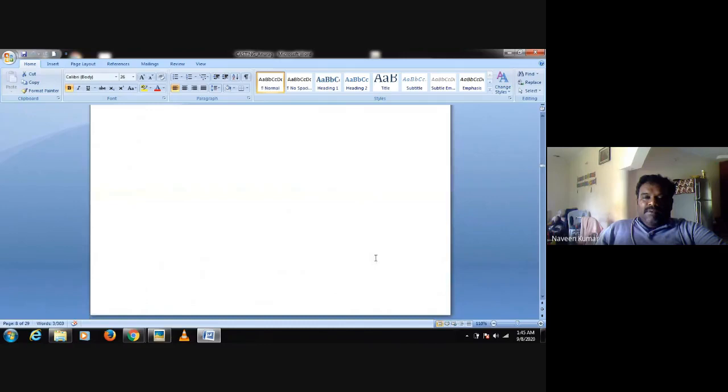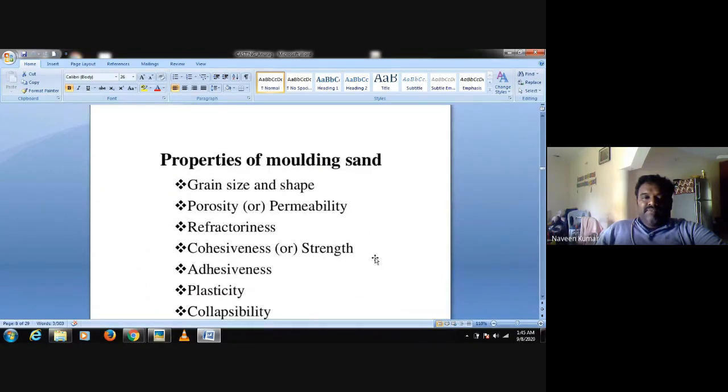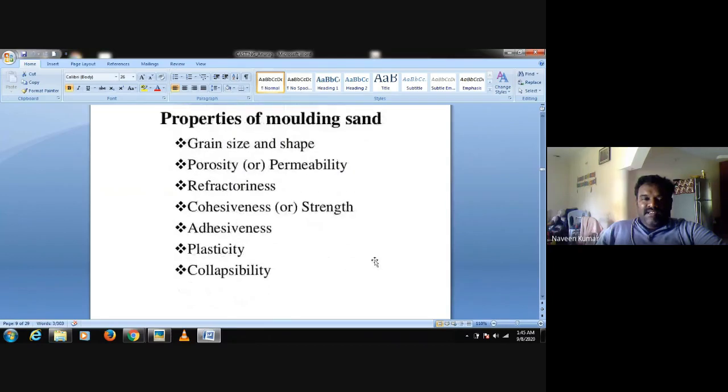The different properties are grain size and shape, porosity or permeability, refractoriness, strength, adhesiveness, plasticity, and collapsibility.